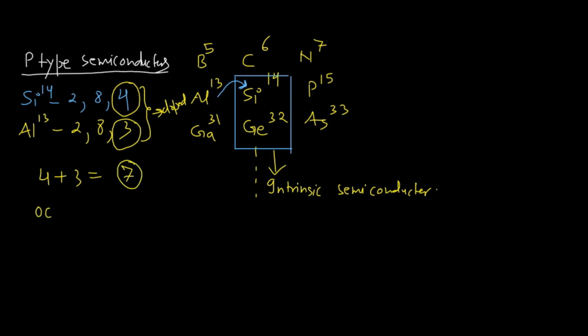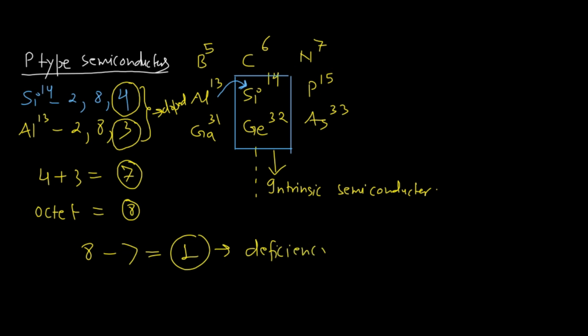And you know, the octet requires how many electrons? 8 electrons. So if you subtract 7 from 8, you will get 1. That means 1 electron deficiency is there. Deficiency of 1 electron, then octet.